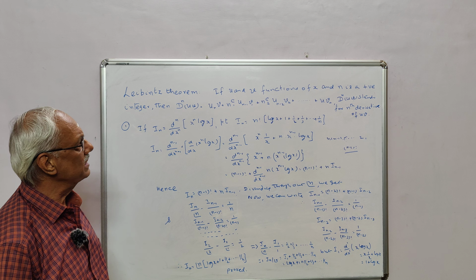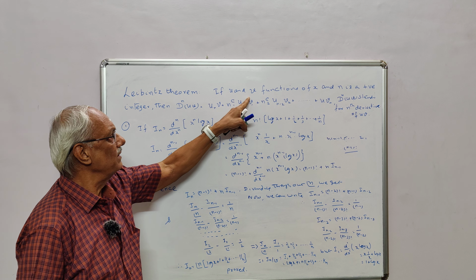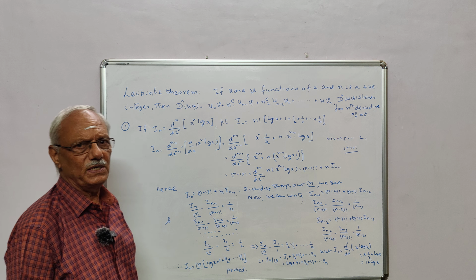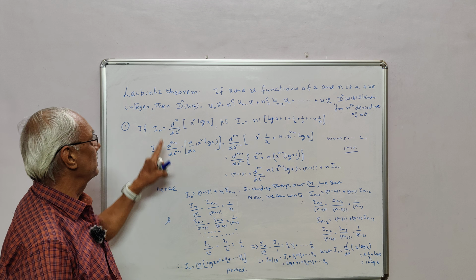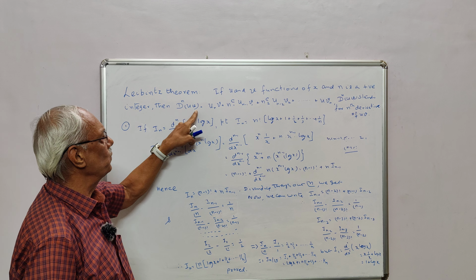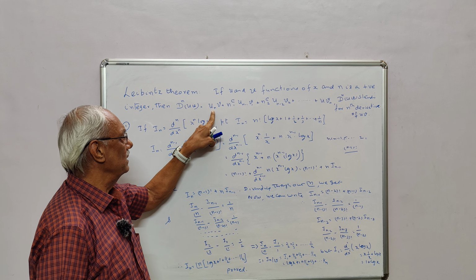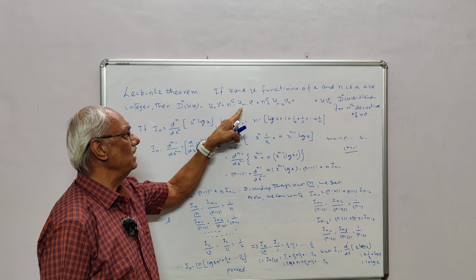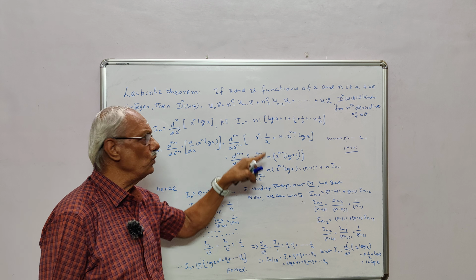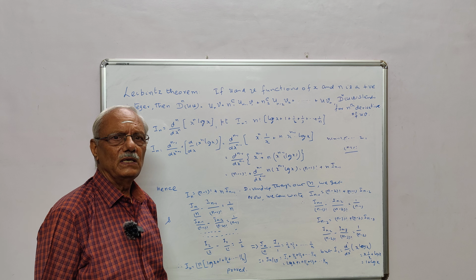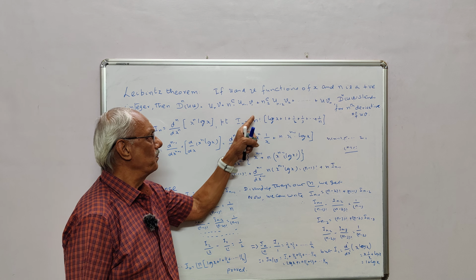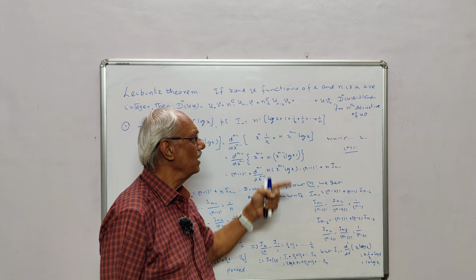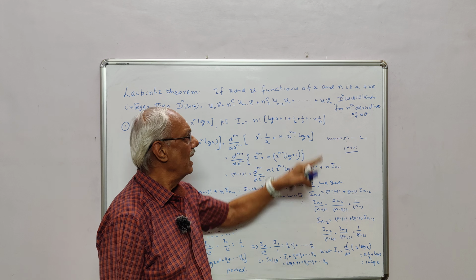And what the Leibniz theorem states is that if u and v are functions of x and n is a positive integer, it must be positive and it is also an integer, then the nth derivative of uv is given as the nth derivative of u multiplied by v, plus nC1 into the (n minus 1)th derivative of u into the first derivative of v, plus nC2 into the (n minus 2)th derivative of u multiplied by the second derivative of v, and like that it goes on.